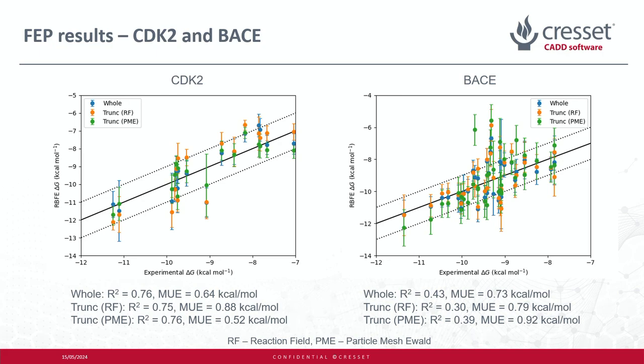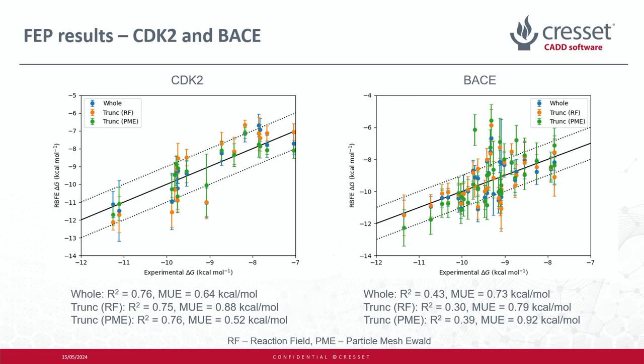In all of these plots, I'm showing the whole protein benchmark with Flare 7, the truncated protein result for the same system using reaction field electrostatics, which was the default within Flare 7, and then what happens when you use the more accurate PME electrostatics for the truncated model.